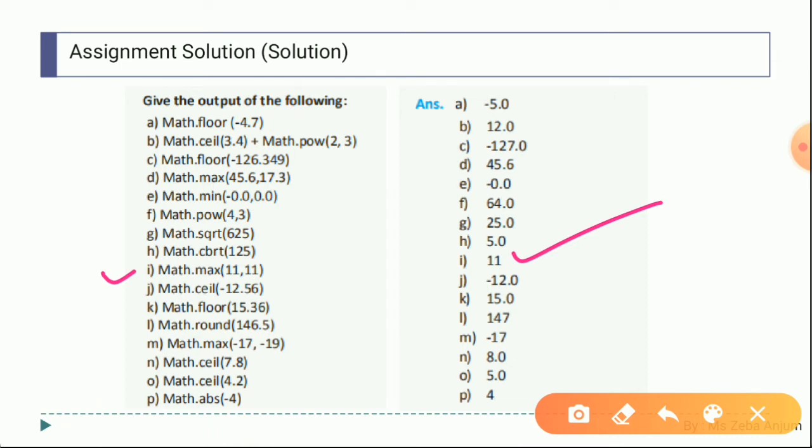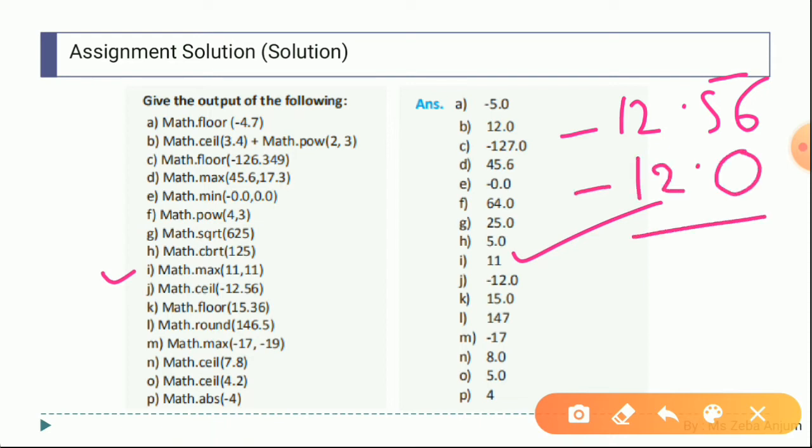Now see the J part, Math.ceil(-12.56). This Math.ceil gives you the upper higher value, so you will be getting minus 12.0, because minus 12 is greater than your minus 12.56. Now again for the floor value, see the K part, 15.36 we are having.